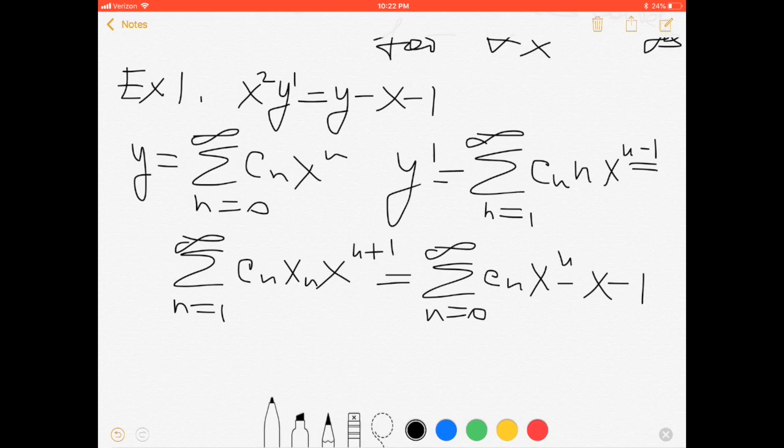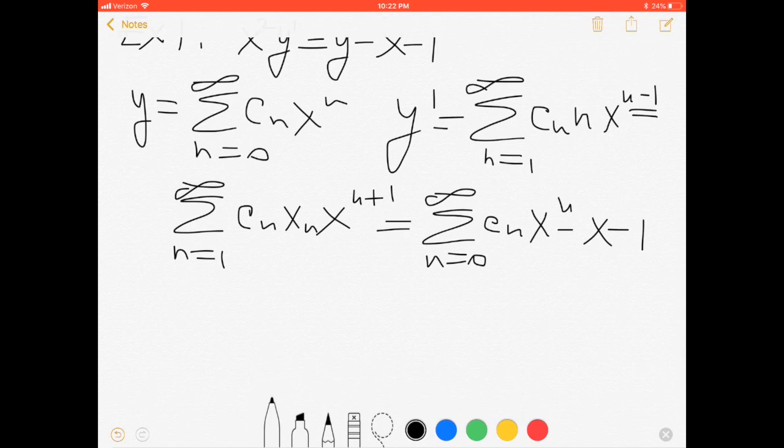But now we need, for working with series, our series to start with the same counting number.